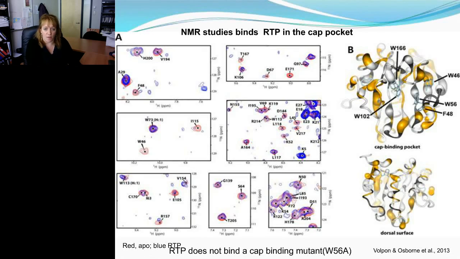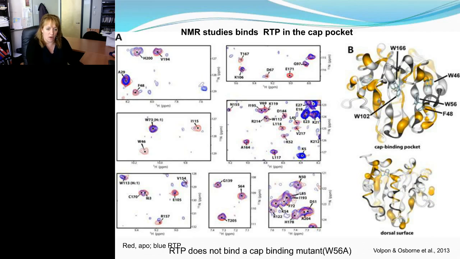We also have used NMR to look at cap binding, RTP binding, and whether it binds in the cap pocket. What you're looking at here are the spectral changes that occur in EIF4E upon RTP binding, and they happen in the cap binding site. We also see some changes in the dorsal surface of EIF4E, which is a surface very important for all its binding partners. Similarly, cap, the natural ligand of 4E, also causes similar changes on the dorsal surface.